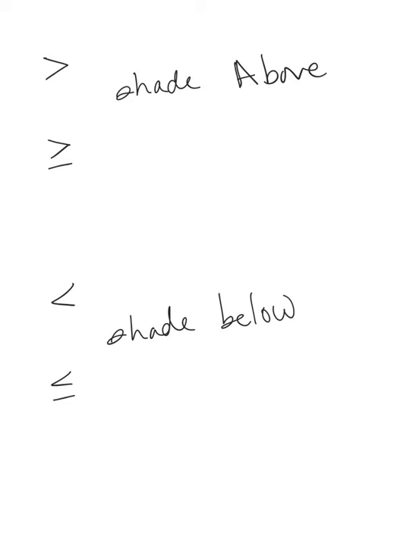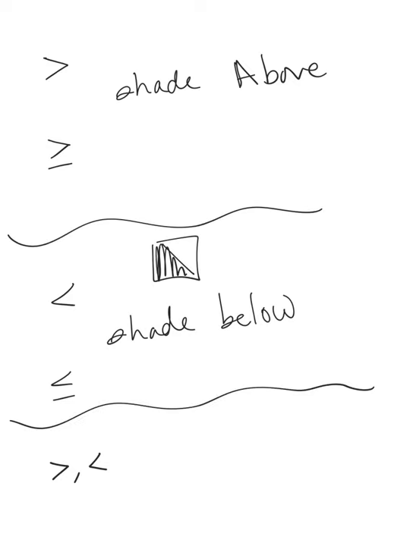What kind of line do you have if you have those? Dashed or dotted, however you want to say it. But if you have the line underneath, you're going to have a solid line.